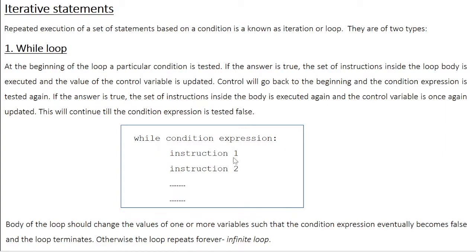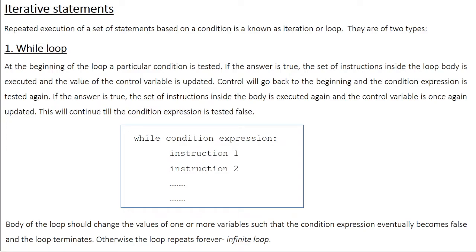So here everything is based on a condition check and the condition expression is written using a variable known as control variable. So typically you have one control variable. Sometimes you can have more than one control variable. And during the course of action inside the loop body, the value of the control variable is modified.